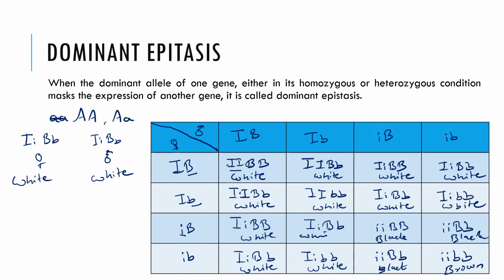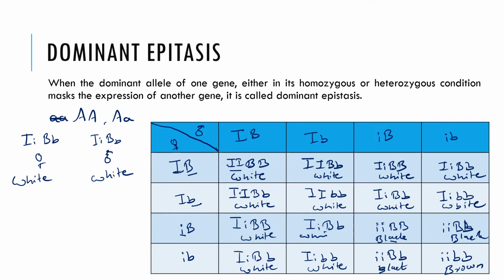Most of the offspring were giving white color, but in absence of a dominant allele of I, in presence of a homozygous recessive genotype of I and homozygous dominant of capital B, the phenotype was black in color. The phenotype was also black when the genotype of B was heterozygous dominant.